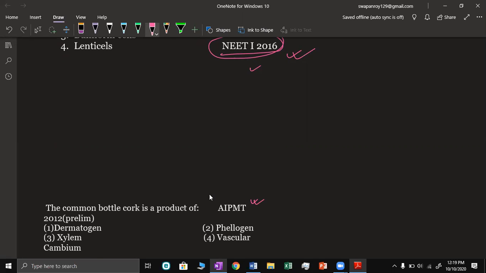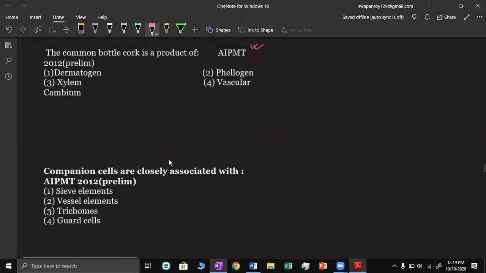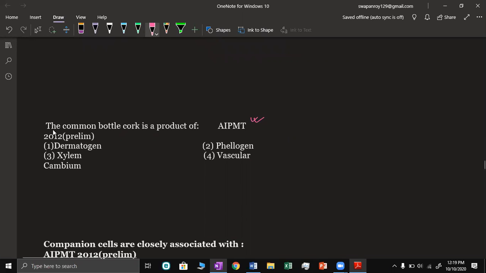Okay, next question: the common bottle cork is a product of what? This is a bottle cork. You know that wooden cork, the bottle stopper.